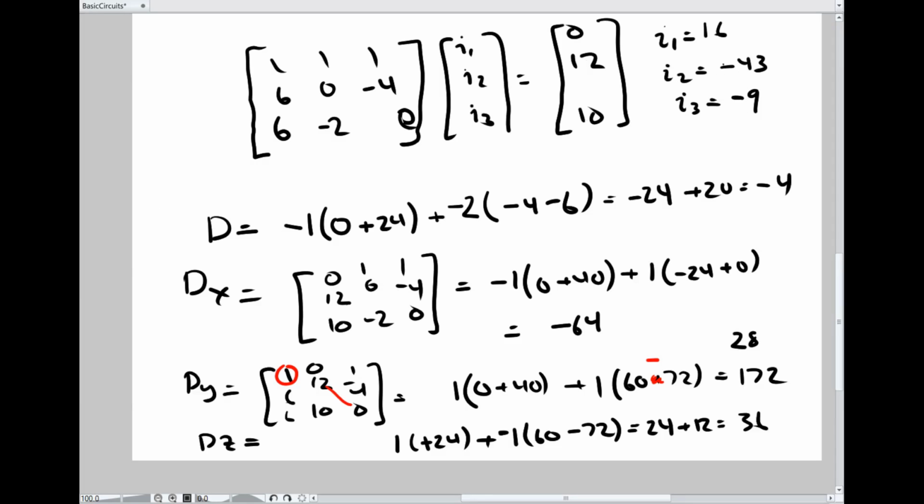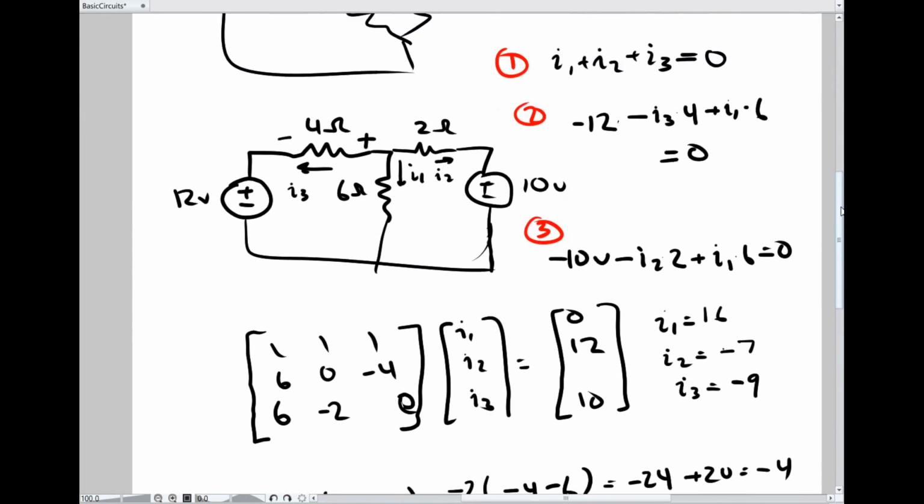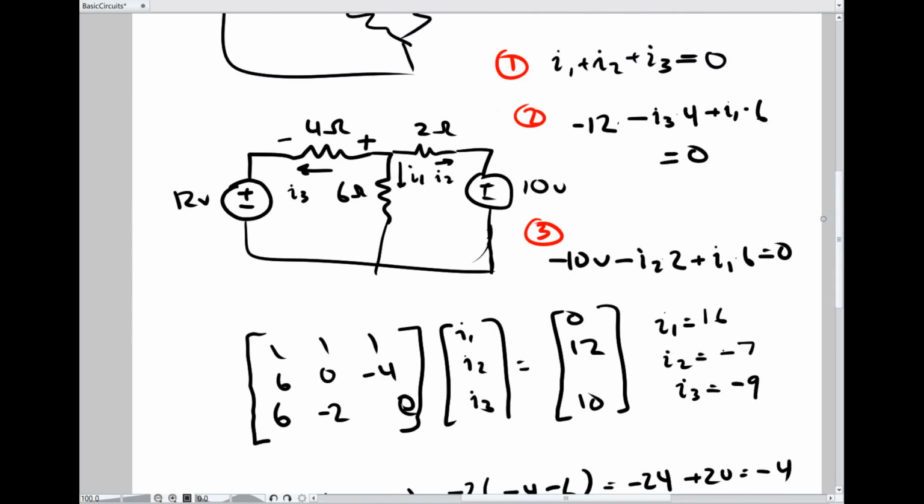So then I2 is minus 7. And those add to 0, so that checks. And then minus 12 plus 36, which is 24. Oof.